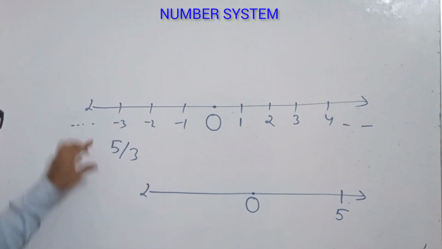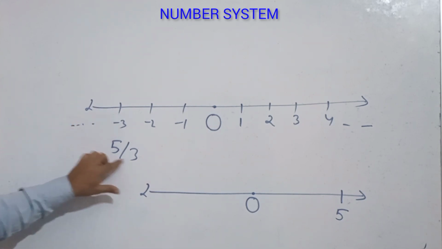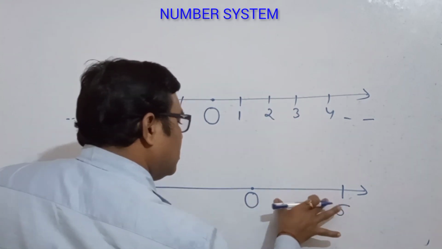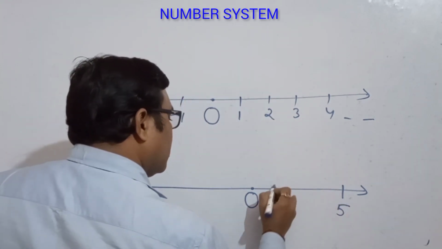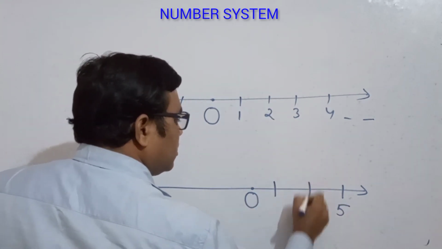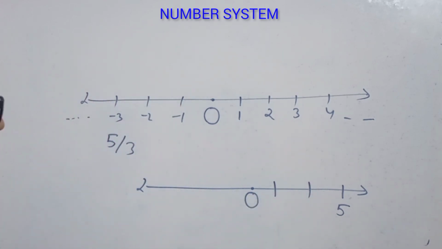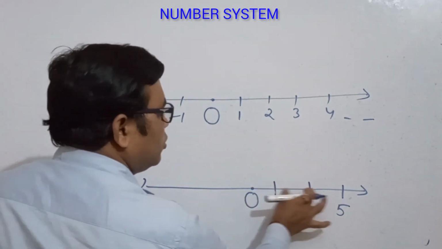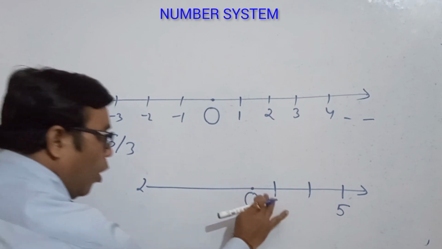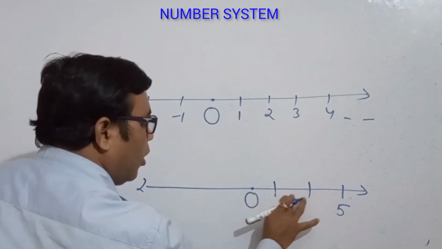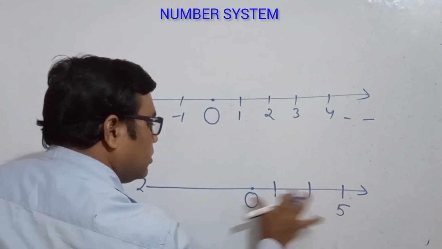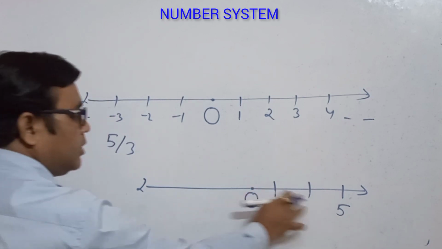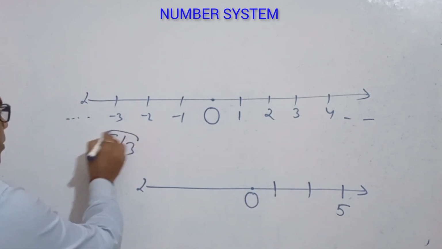It means the 5 is divided in 3 parts. Divide this part in 3 equal parts. 1, 2, 3. And all of these are 5 by 3.